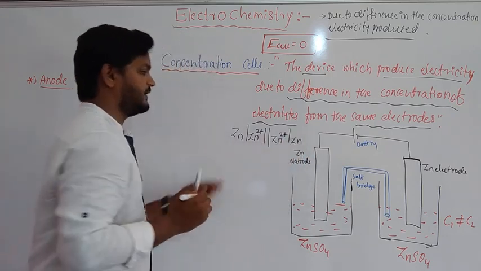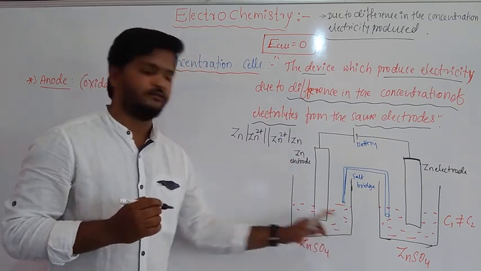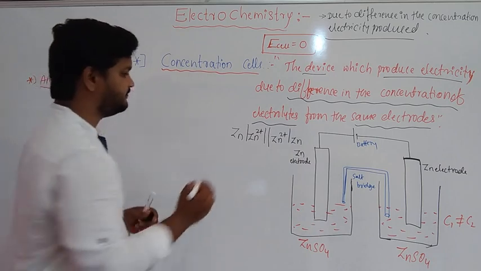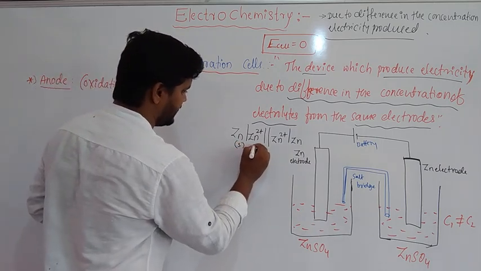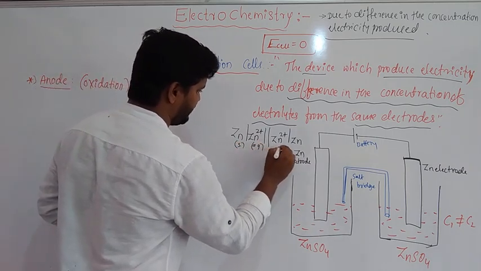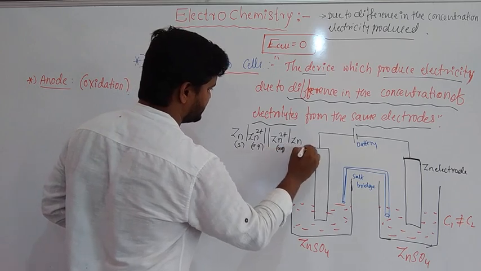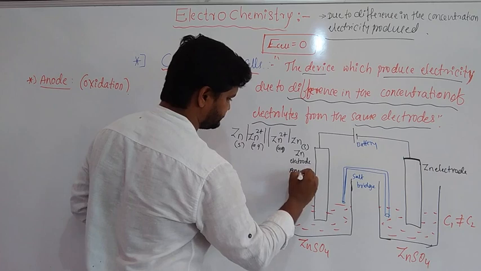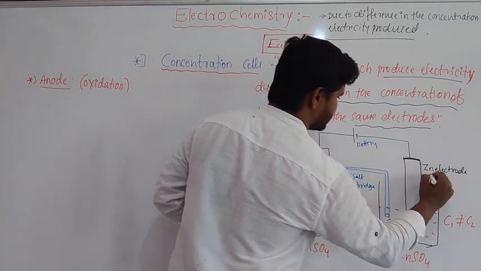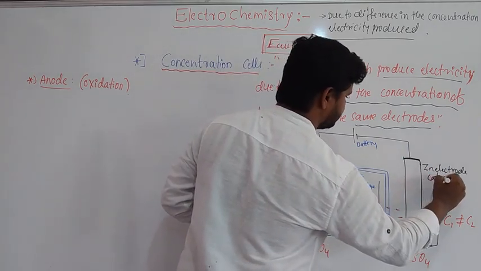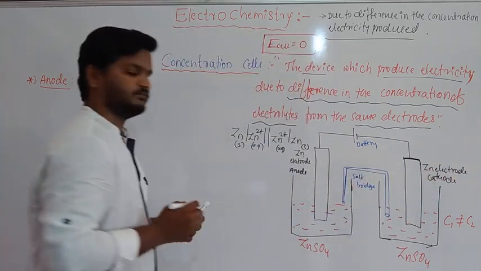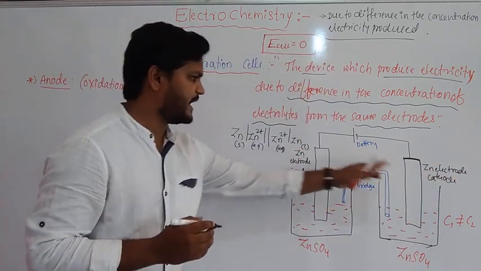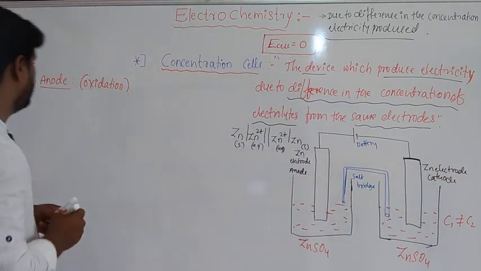This is the galvanic cell representation of this concentration cell. This is solid, aqueous, and this one is solid. One acts as the anode and the other acts as the cathode.